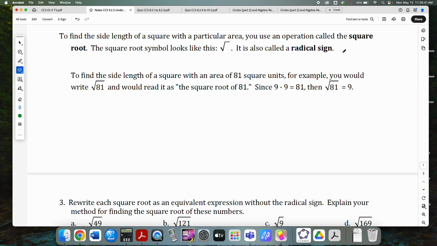By the way, there are other roots besides square roots. No. That's a good guess. There are cube roots, which is the third root. Or you could have, like, the fifth root.